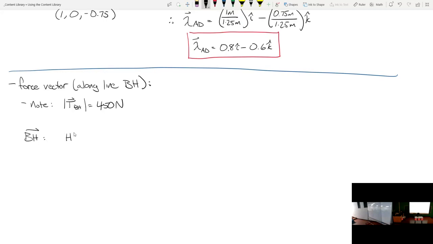We take the coordinates of point H, which was 0.875, 0.75, and then 0, and then vector B, which is 0.5, 0, 0.75, and we're going to subtract those.